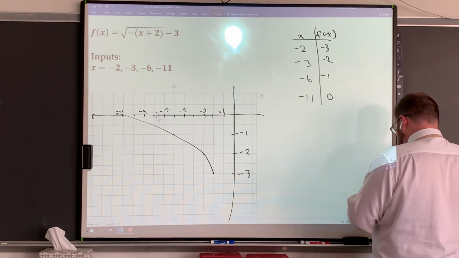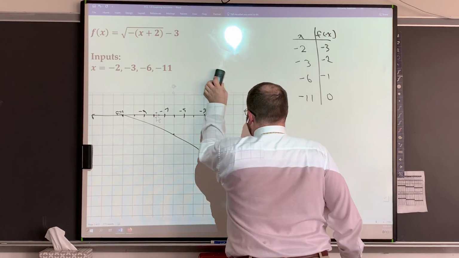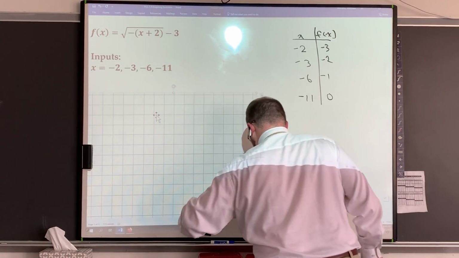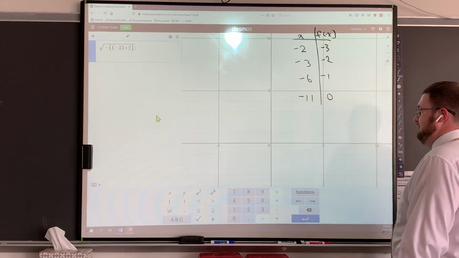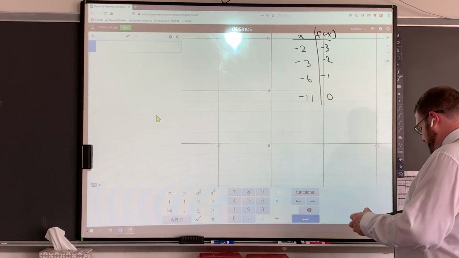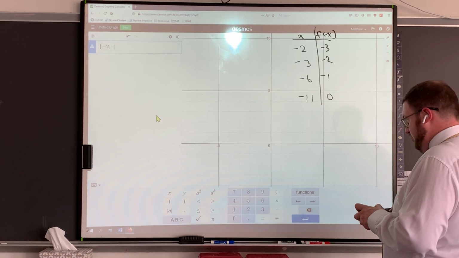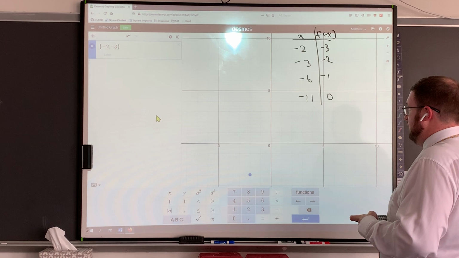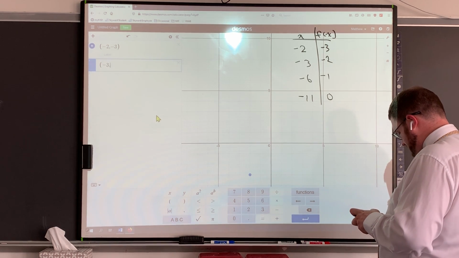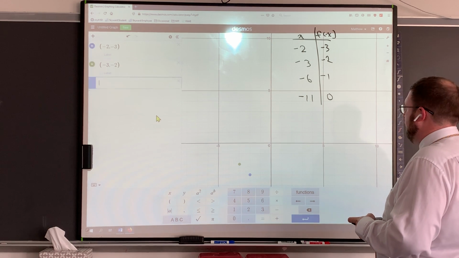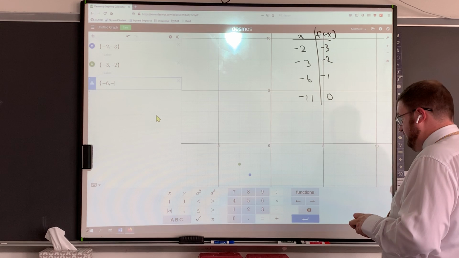We can graph this on Desmos. If we were going to graph this on Desmos, the way that we would do it, and the way that you're going to do it on your assignment, is that you are going to graph each of these ordered pairs that we did as ordered pairs: -2, -3, -3, -2, -6, -1.